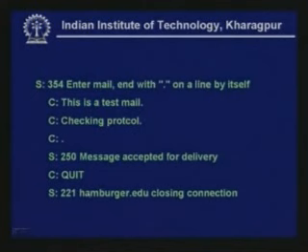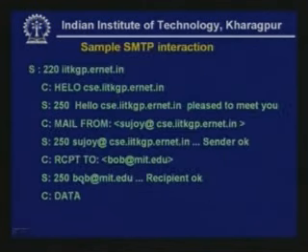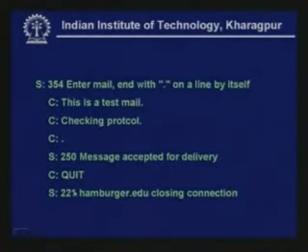In response to this data command, the server will give you 354, enter mail, end with dot, that is the full stop, on a line by itself. Suppose this is the body of the mail: this is a test mail checking protocol, etc. Then you end the mail with a dot by itself.